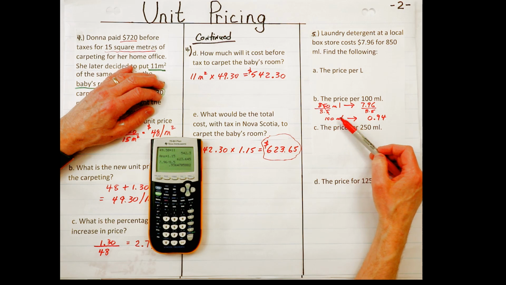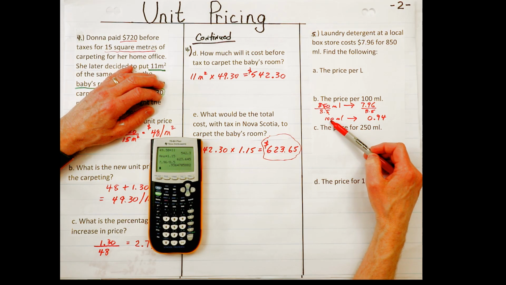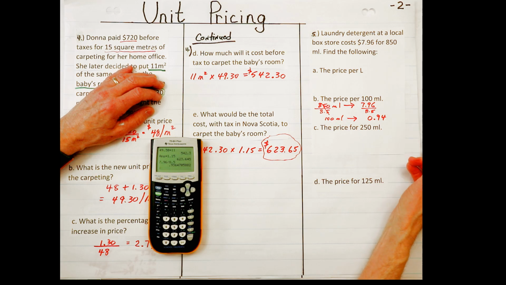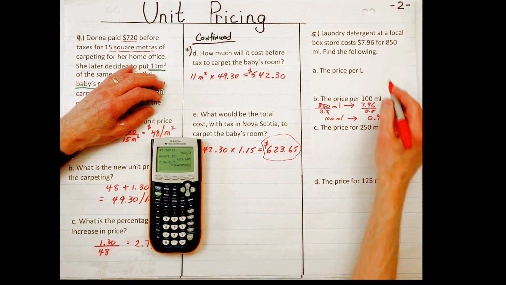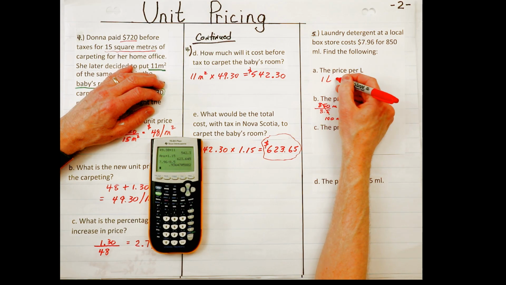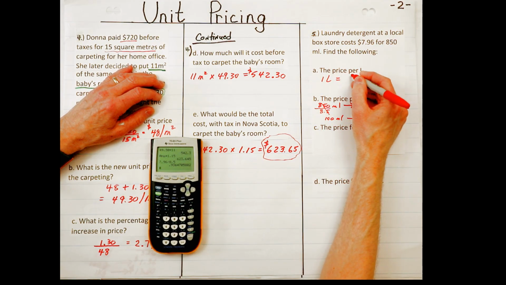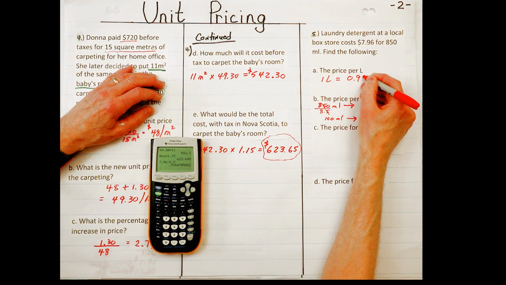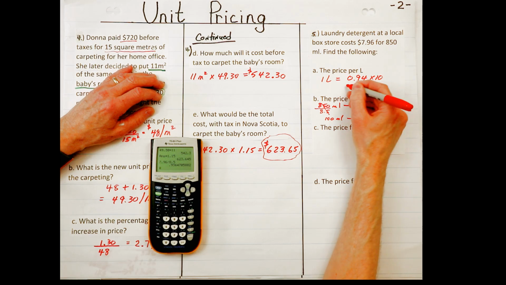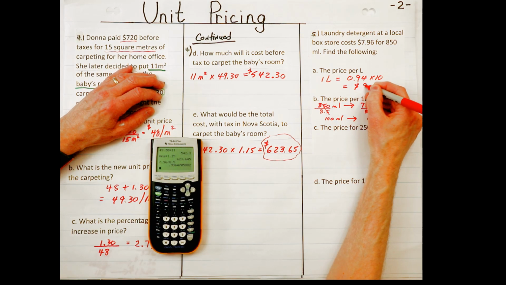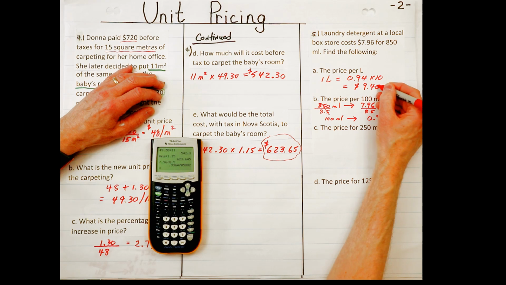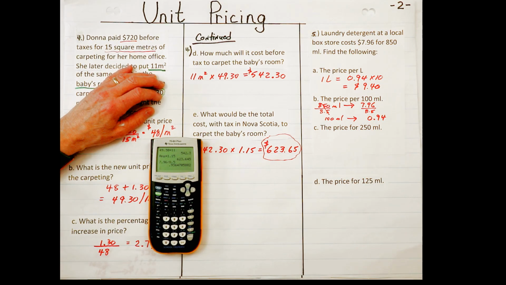Remember, there's 1,000 milliliters in a liter. How do we go from 100 to 1,000? We multiply by 10. So 1 liter will be 0.94 times 10, which is $9.40. How's that? Not too bad.